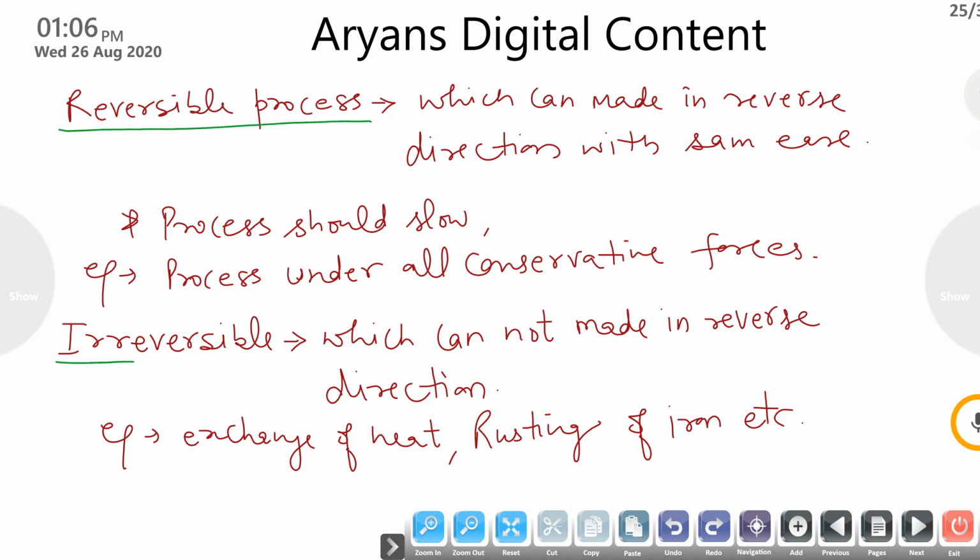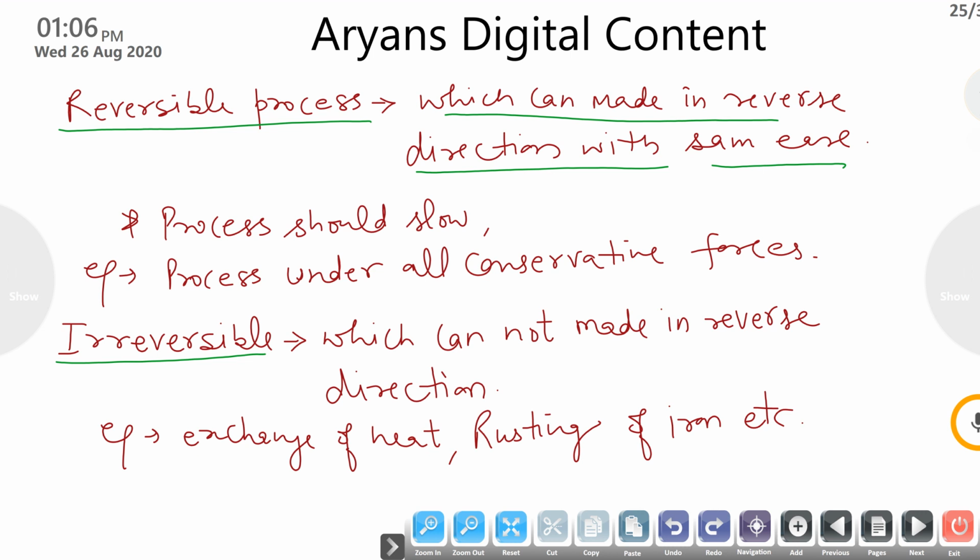Now, these are the two processes that we have to study before we study our Carnot engine or heat engine. First is the reversible process. It is a process which can be made in reverse direction also with the same ease, meaning it can be reversed in direction in a similar manner as it is in the forward direction.